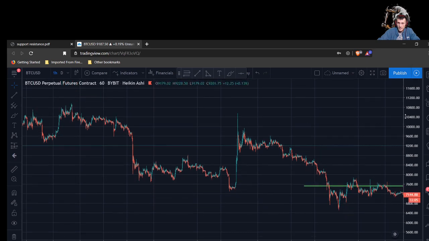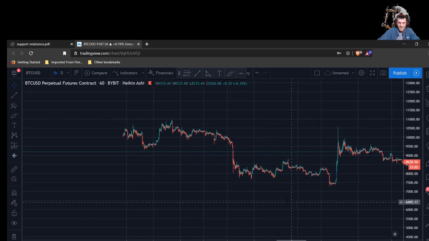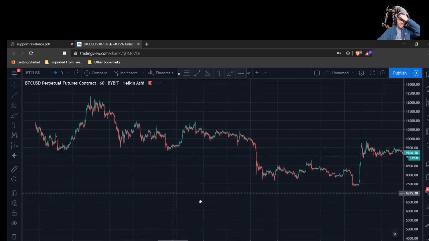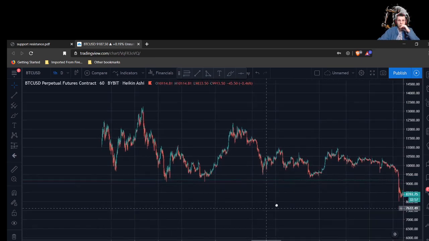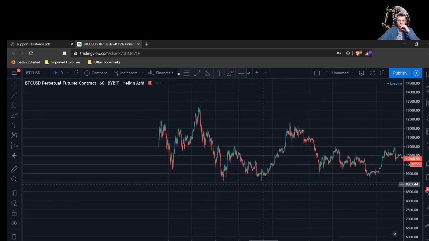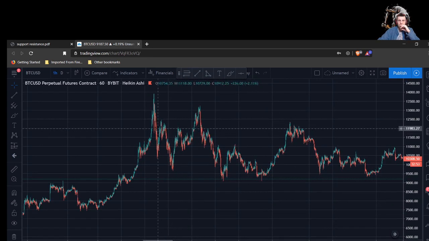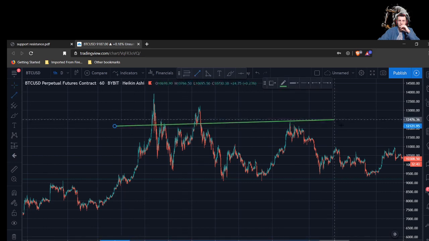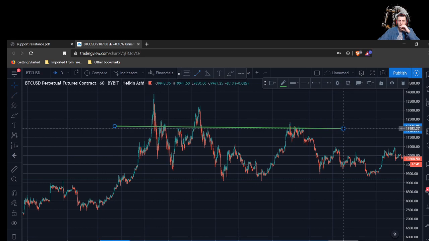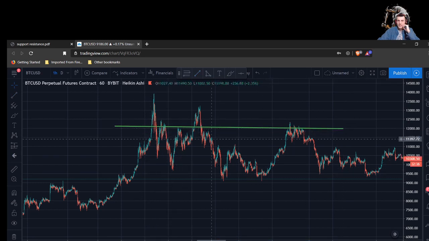Haven't had too many up days in Bitcoin, so it's kind of hard to find something here. It touched resistance, resistance, resistance, hit it again, and a whole bunch of times over here, then finally broke down.